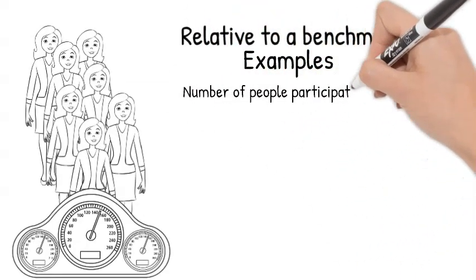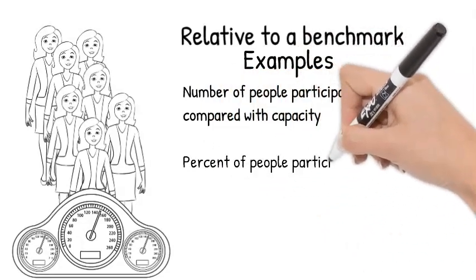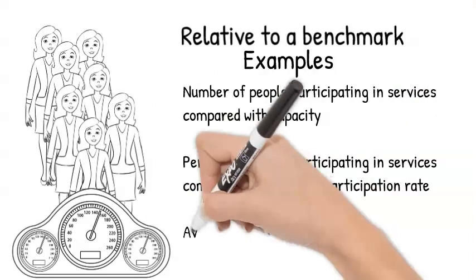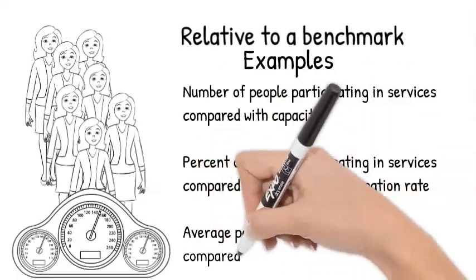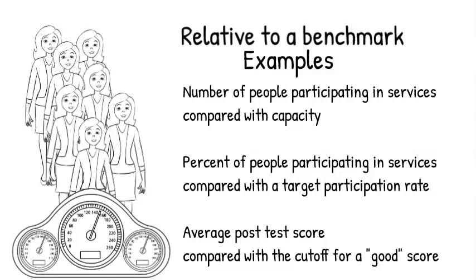Some examples would be the number of people participating in programs or services as compared with capacity, the percent of people participating compared with a target participation rate, or an average post-test score compared with a cutoff that's identified for determining what makes a good score.